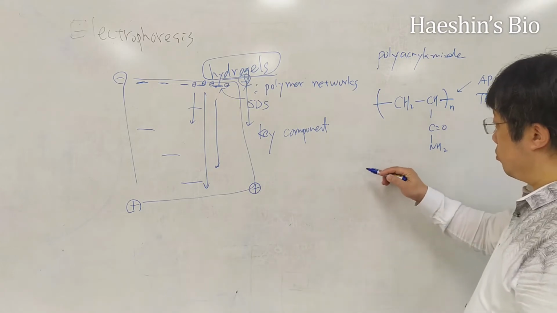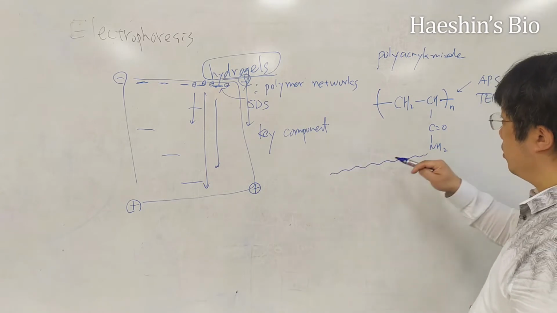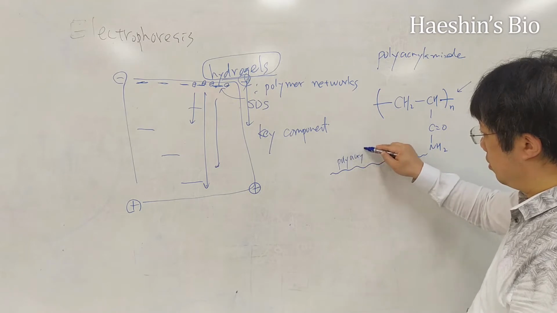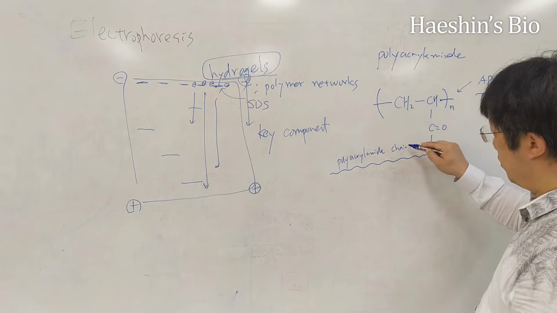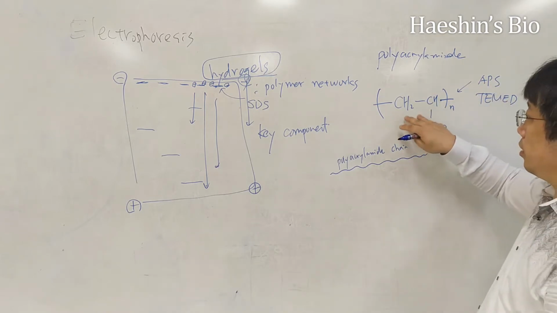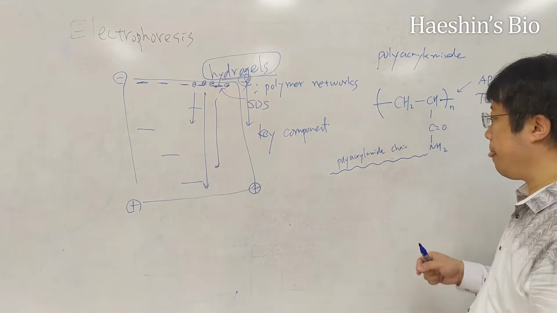So this can be a polyacrylamide chain, formed by the addition of APS and TEMED in the presence of the acrylamide monomer.